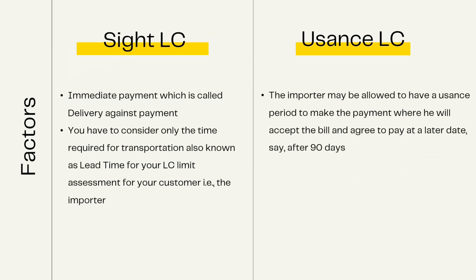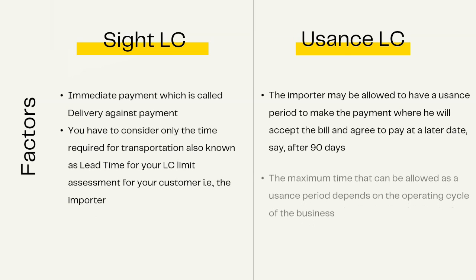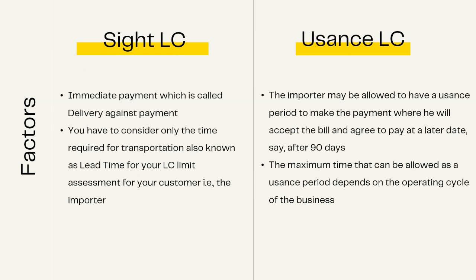Alternatively, the importer may be allowed to have a usance period to make the payment. In such cases, the importer will accept the bill and agree to pay at a later date, say after 90 days. The maximum time that can be allowed as a usance period depends on the operating cycle of the business.